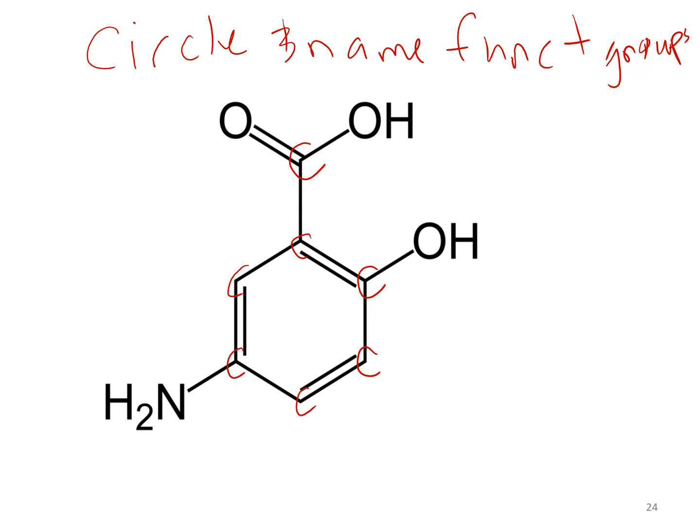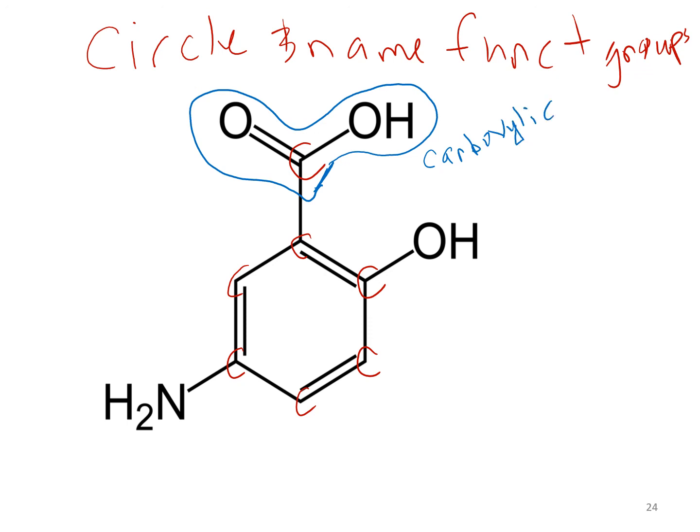We have a carbon with a double bond to an oxygen. Tells us we have the carbonyl here. We're going to look at what else is attached to this carbon attached to the double bond O. So if we go to the right, we've got the hydroxyl. So we have a carbon attached to an oxygen, carbonyl, plus the OH, the hydroxyl. That gives us a carboxylic acid.